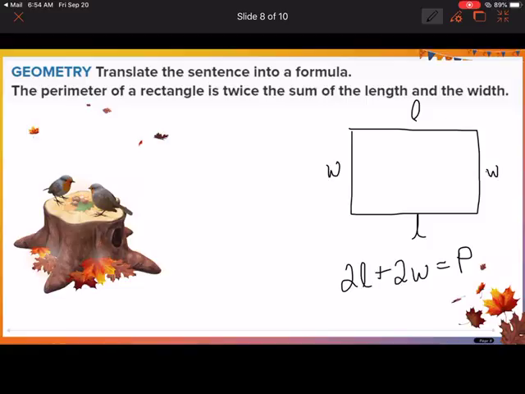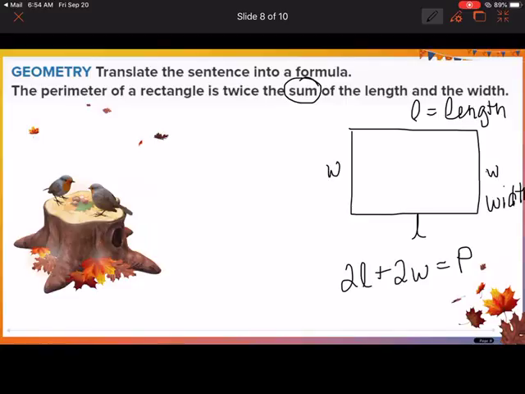Now for this certain rectangle, it says twice the sum of the length and width. Sum means add. I can define length and width as L and W. And I'm just going to write what it says.